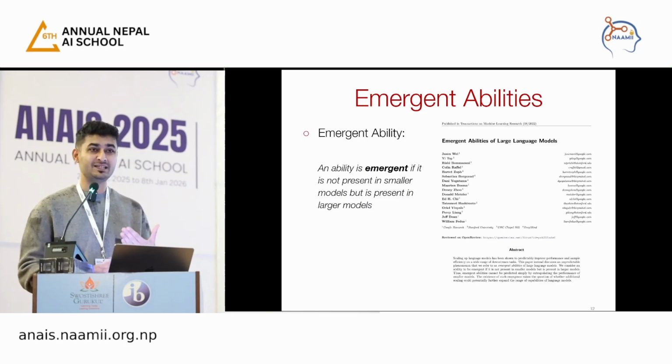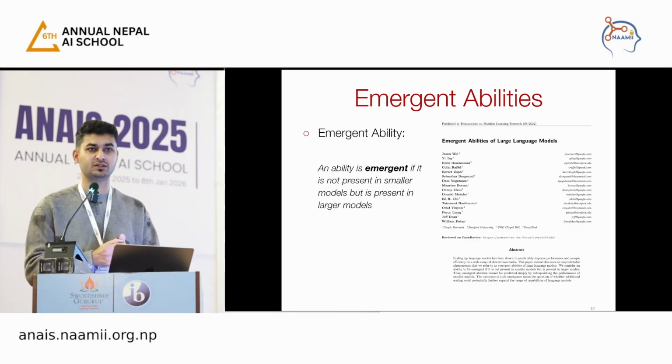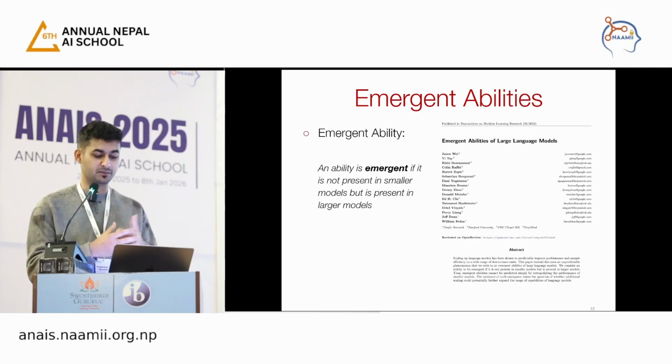We see a lot of different phenomena, and this first part I'll be talking about is the emergent abilities of large language models, which is meant to convince us that we get capabilities in models only if they are large. The definition says an ability is emergent if it is not present in smaller models but is present in larger models. I'll show some examples of what this means.